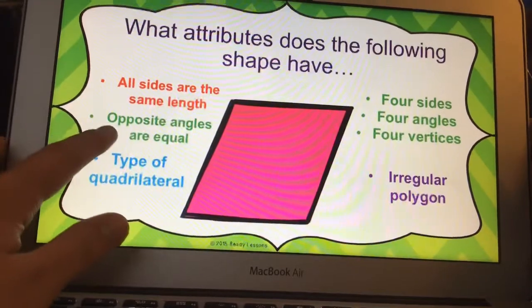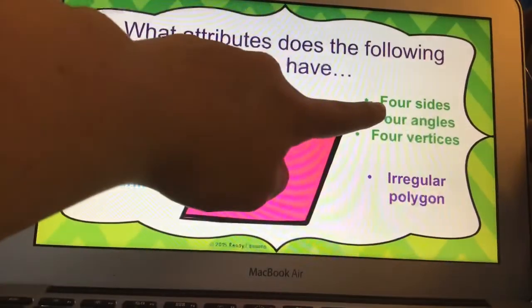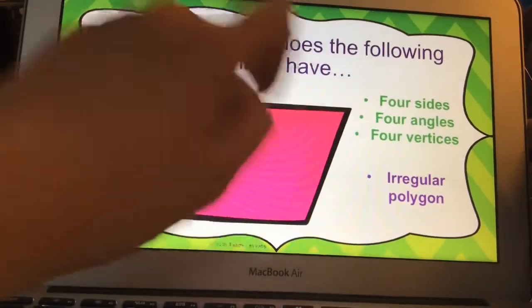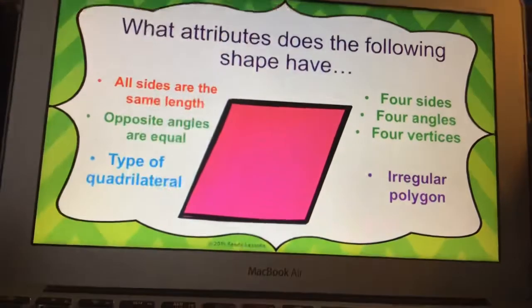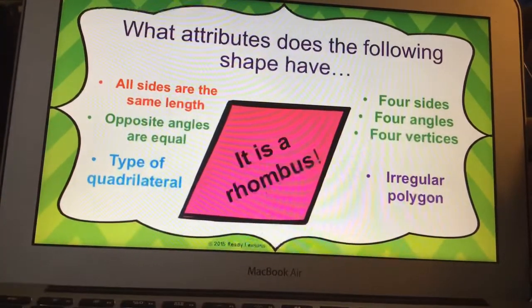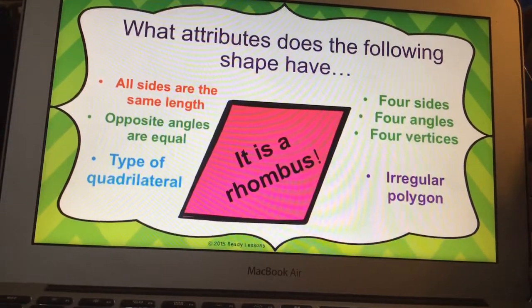Opposite angles are equal, and this is a type of quadrilateral. There are 4 sides, 4 angles, and 4 vertices. It's also an irregular polygon because it is kind of on its side. This is called a rhombus. I'm sure a lot of you knew this one. Rhombus. Very nice.